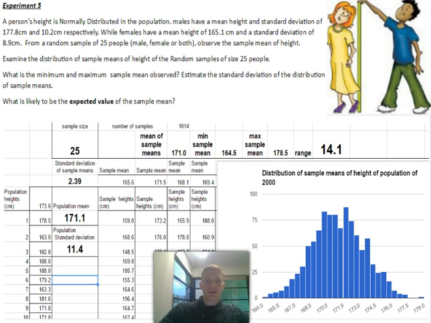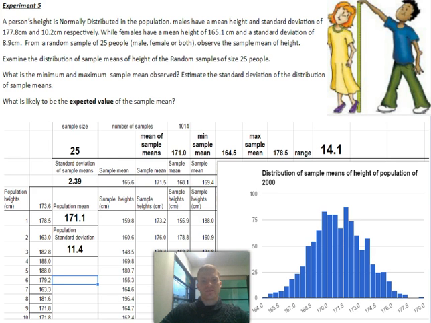From that population, we're going to randomly sample 25 people, and we're going to observe the sample mean of heights of that sample. We're going to repeat that random sampling a number of times in our simulation, and we're going to examine the distribution of sample means of the height.